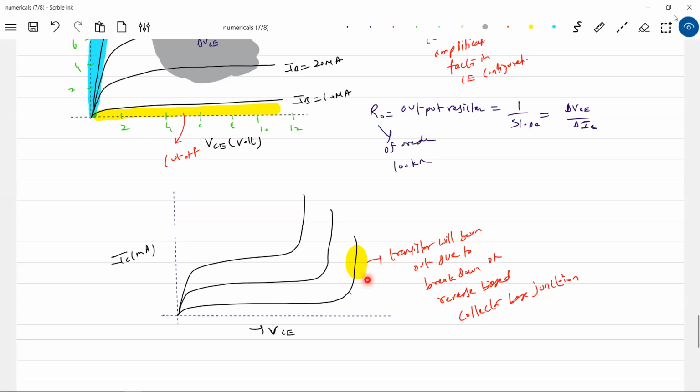In textbooks, they try to avoid it, because they should not say that the moment you come here, the transistor will get damaged and you put it in the dustbin. That's why in theory they avoid it, but in the lab manual it's there, and you should not operate the transistor in this region. That's why we have an upper limit for VCE. What is the upper limit? That depends upon the transistor.